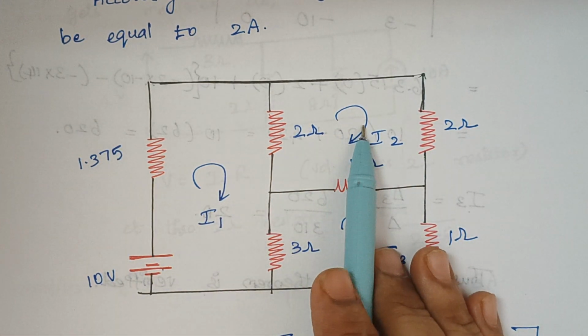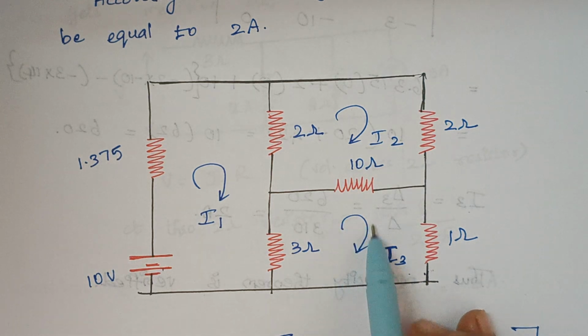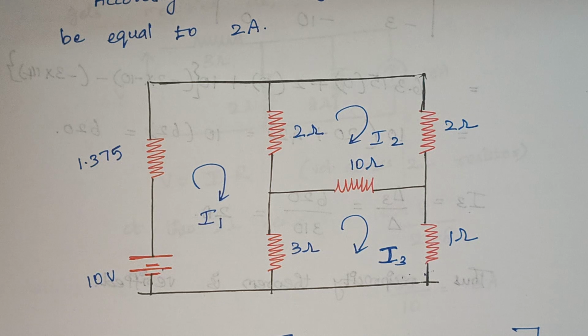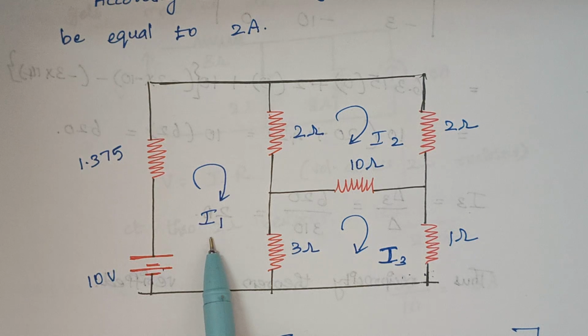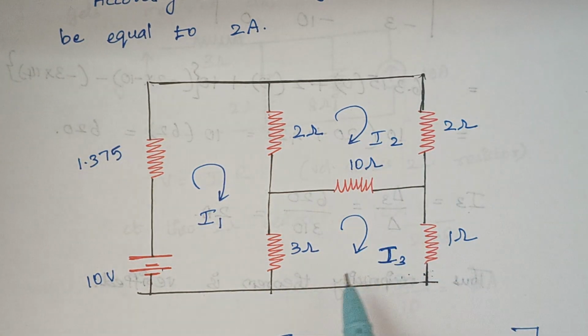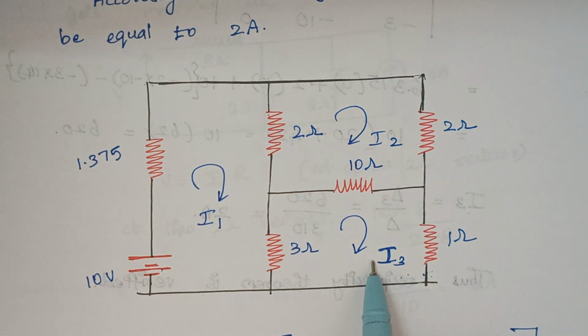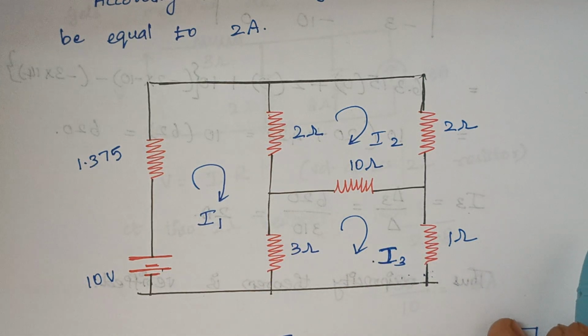I2 remains the same and here this becomes I3, right? Can you understand? We have transformed the voltage source from this loop to this loop. Therefore, the loop which contains the voltage source is assumed to be having a current flow of I1, right? And this I2 remains the same and here we are moving with the I3, right?